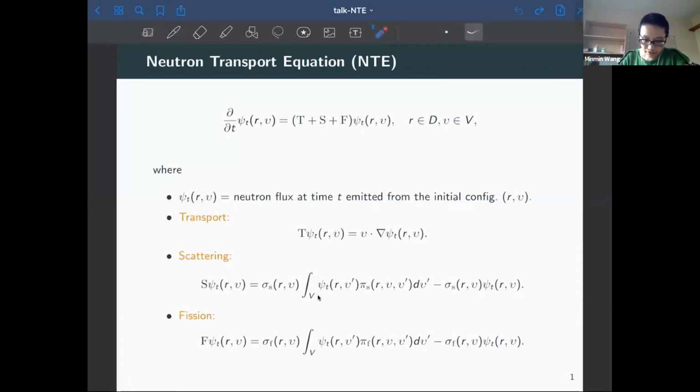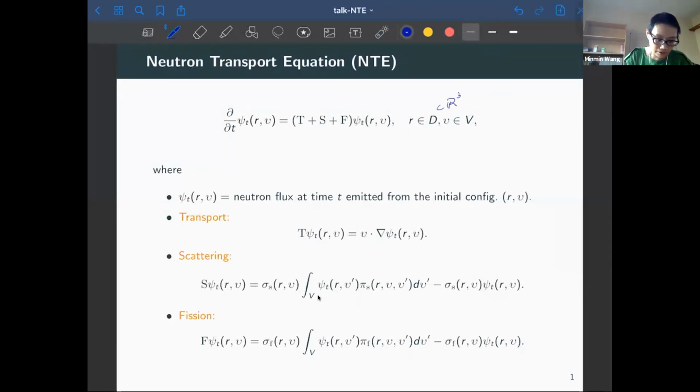Here r is a position inside a 3D domain that the nuclear reactor occupies, and v takes values in this capital V, the set of possible velocities. So psi_t(r,v) is the neutron flux at time t emitted from the initial configuration (r,v). Put another way, we are tracking the neutrons according to their departing points.